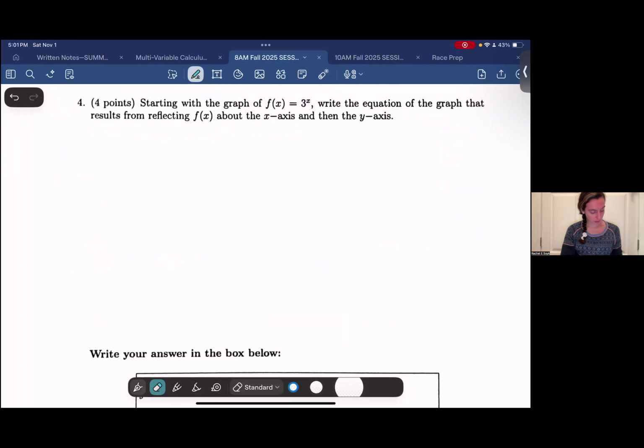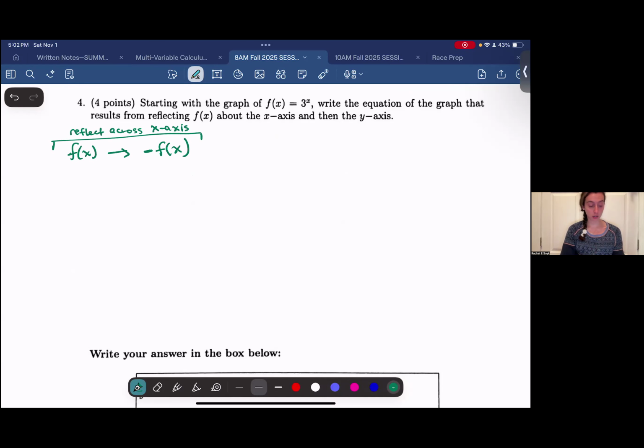Well, I'll just write out the general rules really quickly. Our original function, when we are performing a reflection across our x-axis, is now going to be negative f of x. So reflect across x-axis.